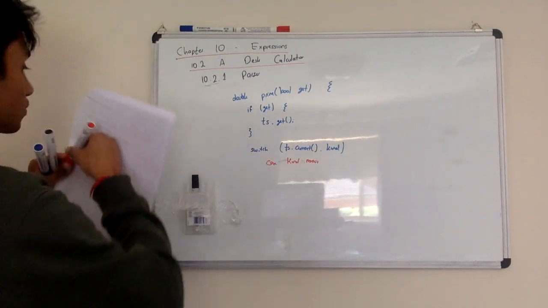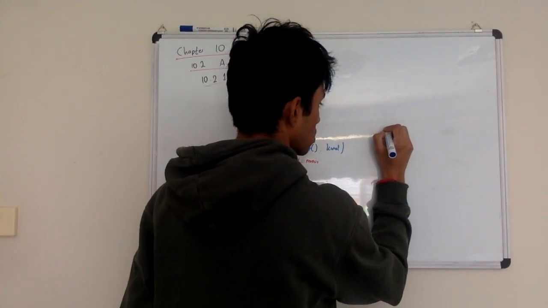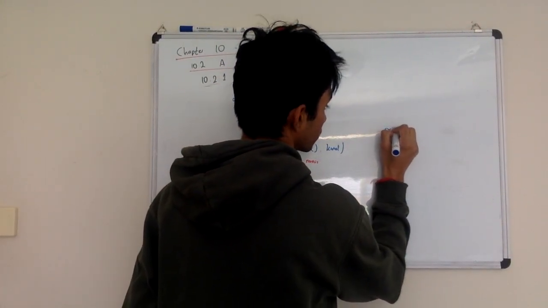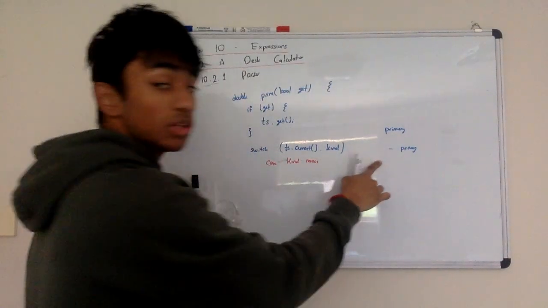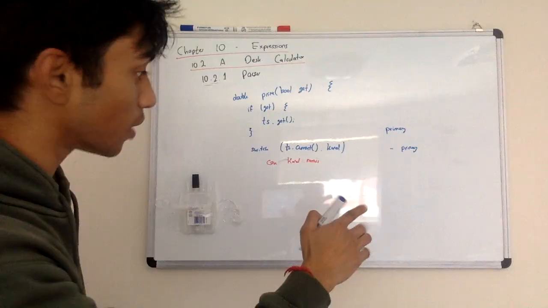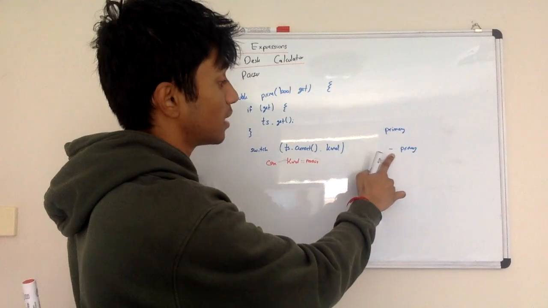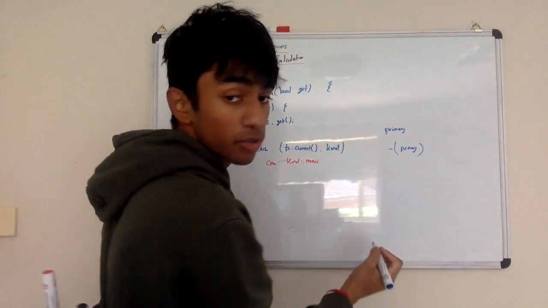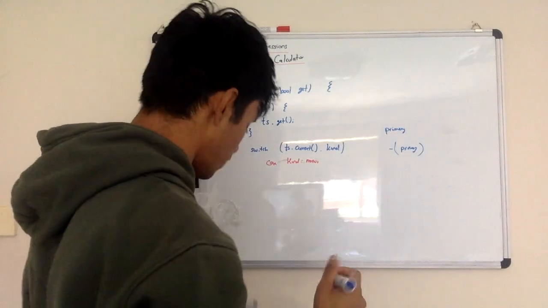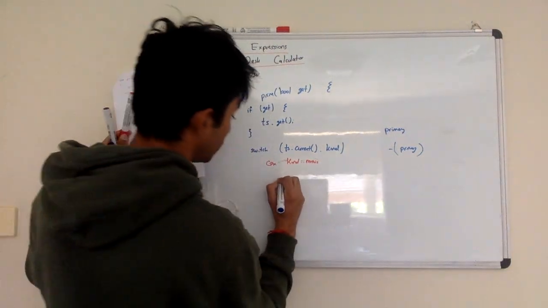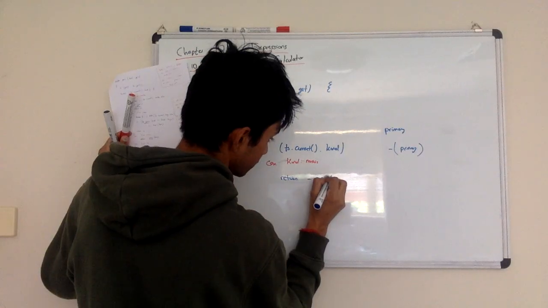The minus case means that we are about to see a primary that could be of type minus primary. That's the only place where a minus is involved in our definition of primary. So if we see a minus in our token, that means that we basically have to evaluate primary in here and then attach a minus to the end of it. So the way this case is handled is we simply return the minus of the next primary.